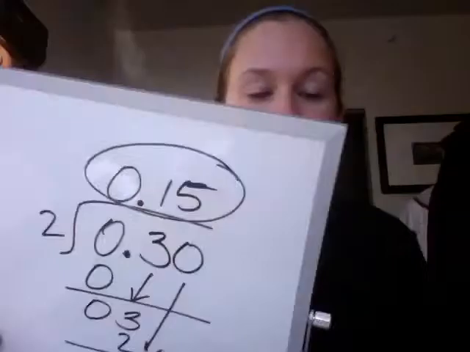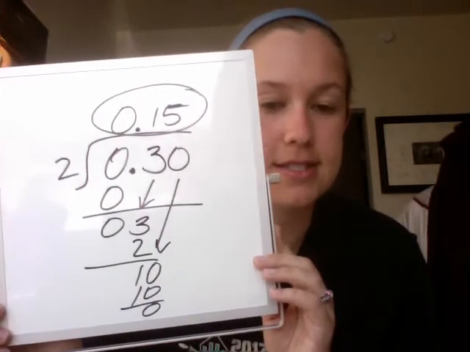Pause me to take your time, and then we'll compare answers. If you don't get something right, talk to a parent and retry it. Okay, A is 30 cents divided by 2. You probably could do that in your head, but you don't have to. Pause me if you need to. Get 15 cents.